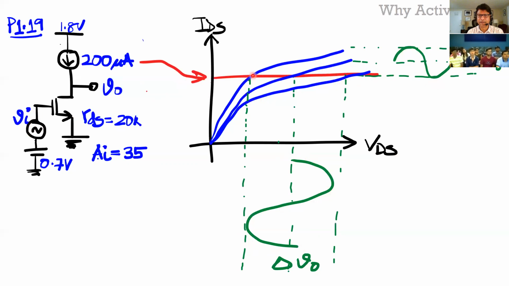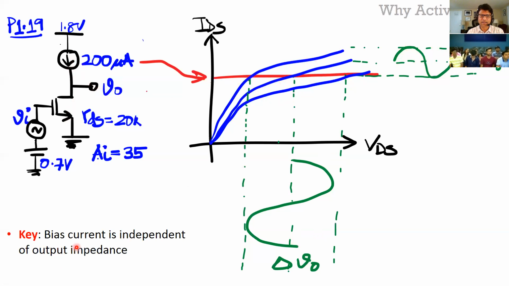Because this current is constant, and my solution has to be at a point having these two currents, there are only these points over here. I cannot be on this one over here. So if I give a delta Vi over here, I get a delta V out. And we have seen that with the small signal model. So essentially, this is taking a large signal solution of the small signal model.